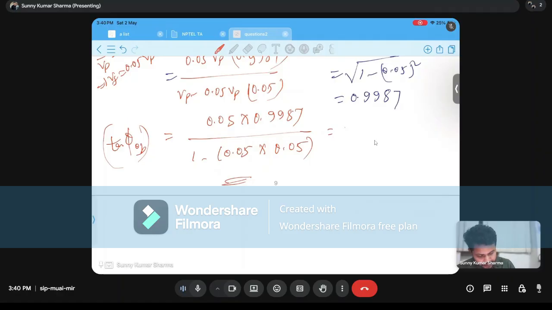It is coming as 0.05. So phi OB will be equal to tan inverse 0.05, and this value is again 2.866.